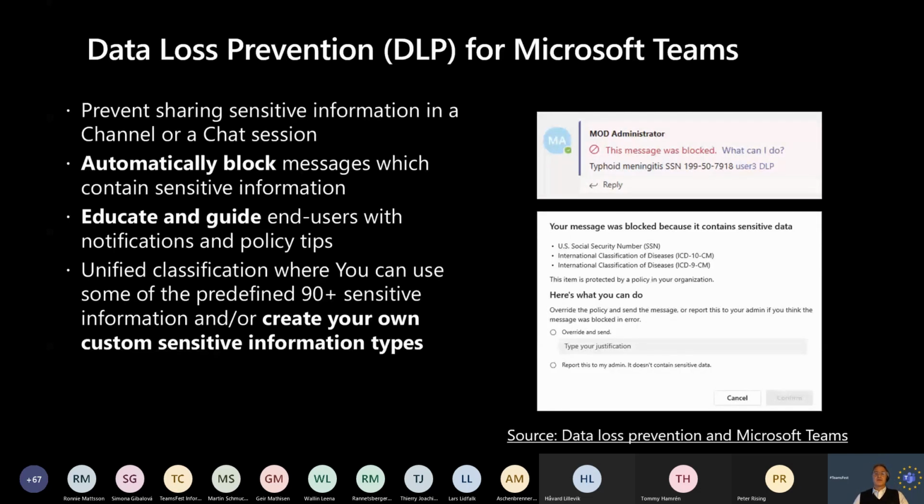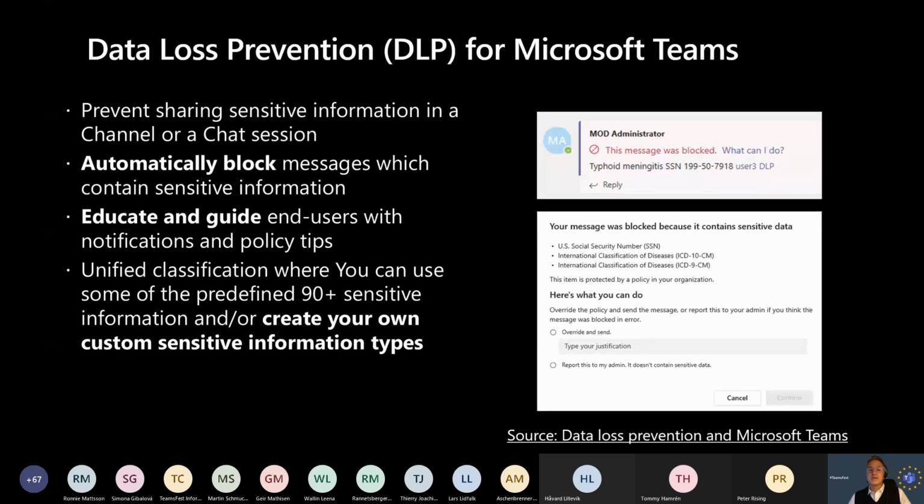If your organization has data loss prevention or DLP, you can now define policies that prevent people from sharing sensitive information in a Microsoft Teams channel or a chat session. But please note that DLP for Microsoft Teams blocks sensitive content when shared with Microsoft Teams users who have guest access in Teams and channels or external access in meetings and chat sessions.